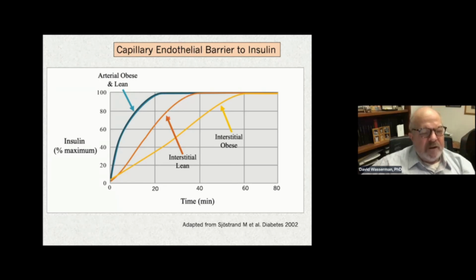And again, you see in the interstitial fluid, insulin rises more slowly. But in obese individuals, there's an even greater lag, suggesting that the onset of insulin action will be delayed in these subjects. So a site of potential insulin resistance.